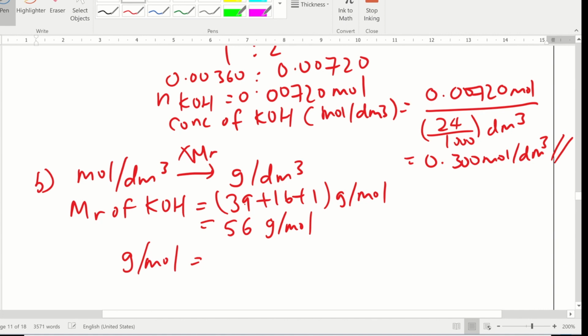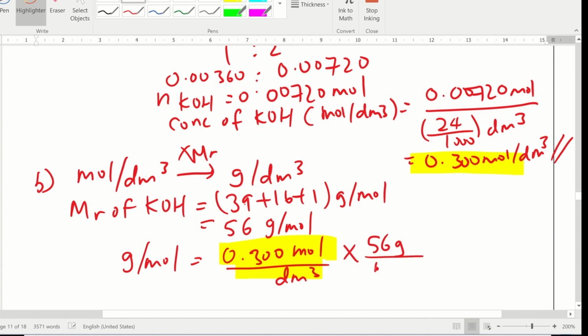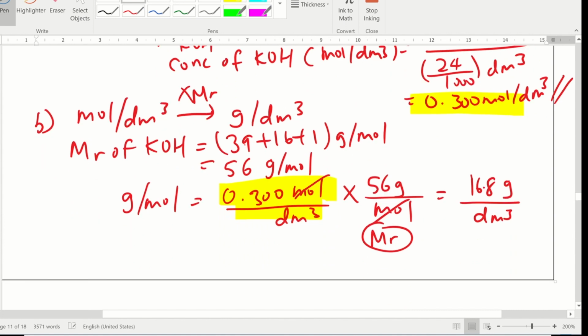So now I have 0.300 mole per dm cube from part A. And then I multiply by 56 gram per mole, which is your Mr. I cancel the unit, and you will get 16.8 gram per dm cube, to 3 SF.